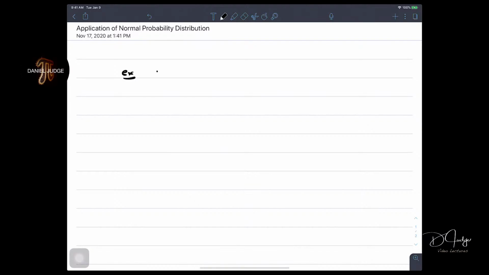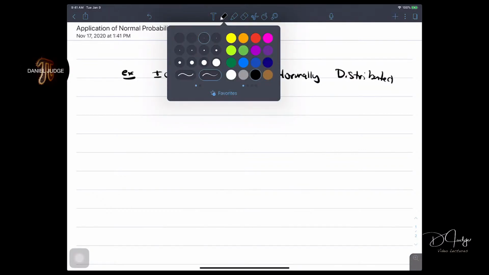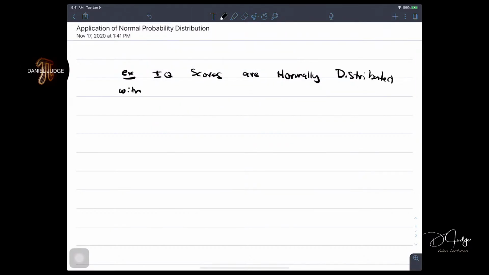I'm going to say here, for example, IQ scores are normally distributed with a mean of 100 and a standard deviation of 15.